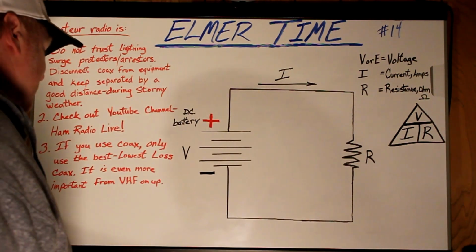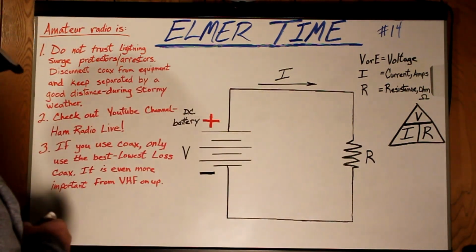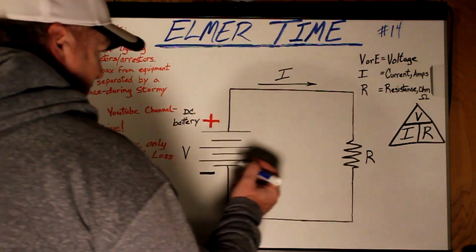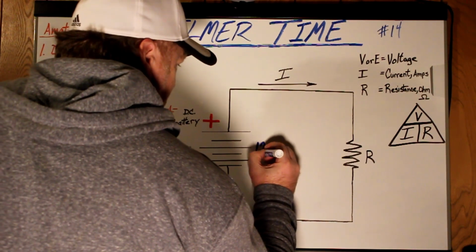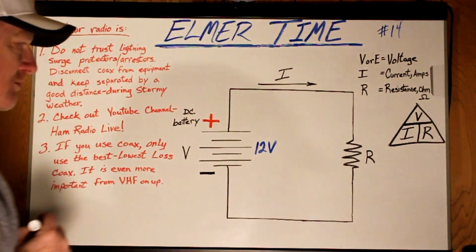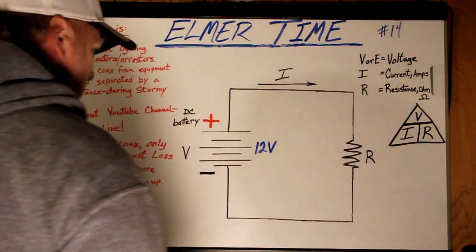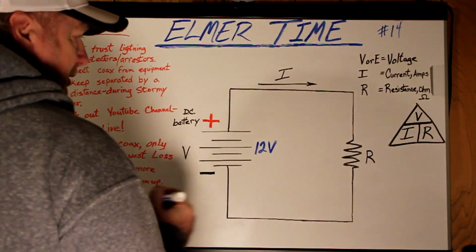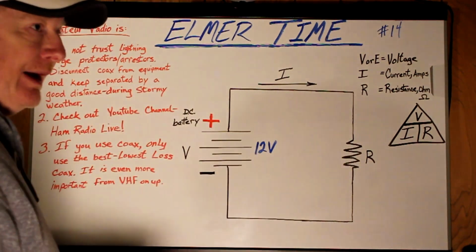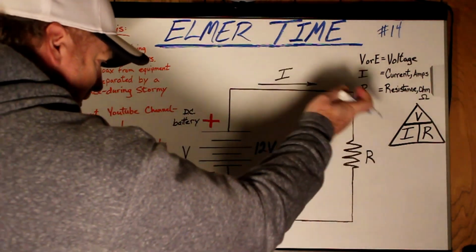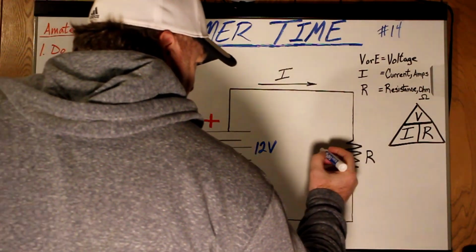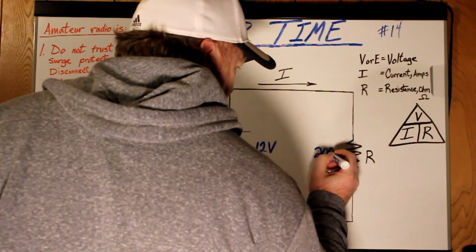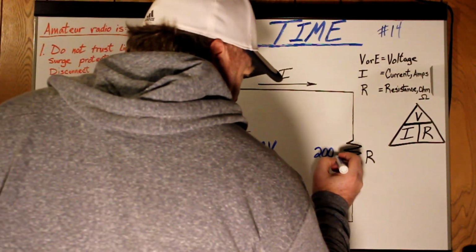So let's do a math problem here. Let's just say this DC battery is 12 volts. Let's say the resistance value of this resistor, which could be a lamp, could be any kind of electrical device, is 200 ohms.